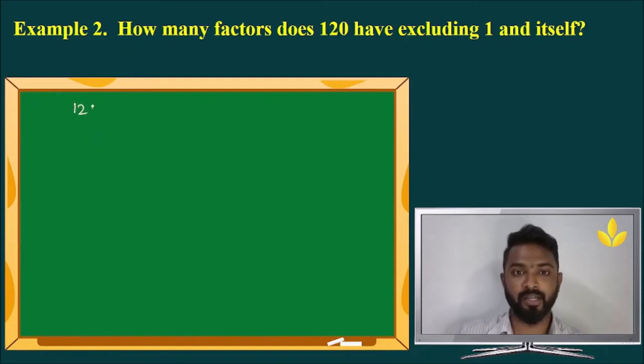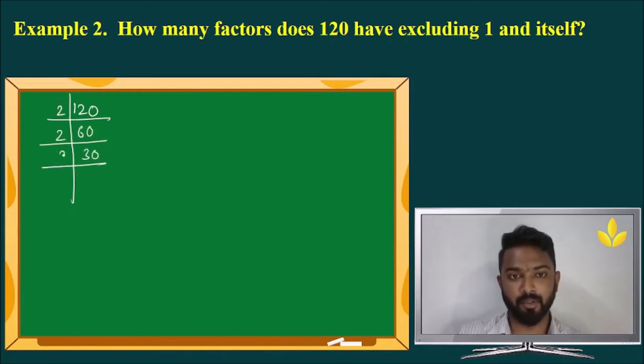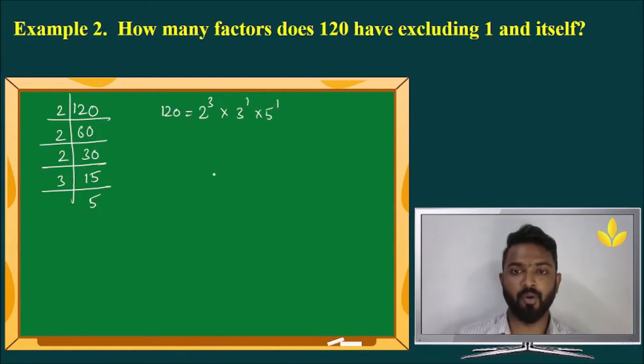We have 120. Let's write the prime factors. 2, 60. 2, 30. 2, 15, 3, 5. So 120 can be written as 2 to the power 3 into 3 to the power 1 into 5 to the power 1. These are the prime factors.